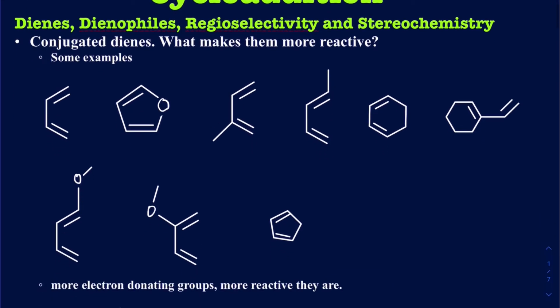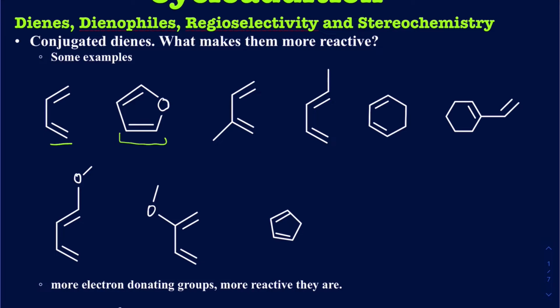So let's first take the examples of these conjugated dienes. Anytime you have a conjugated diene in the S-cis form, it is reactive toward Diels-Alder reactions, like we have in this particular case. It's 1,3-butadiene, or I have this cyclic five-membered ring where I have two double bonds inside the ring conjugated with an oxygen.